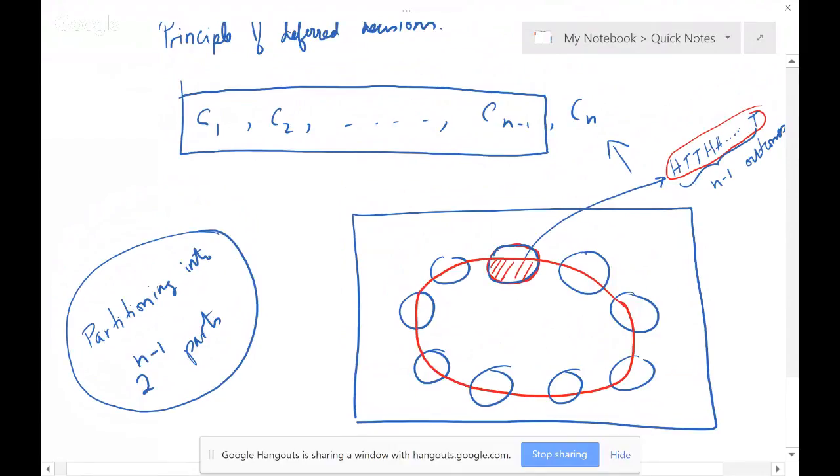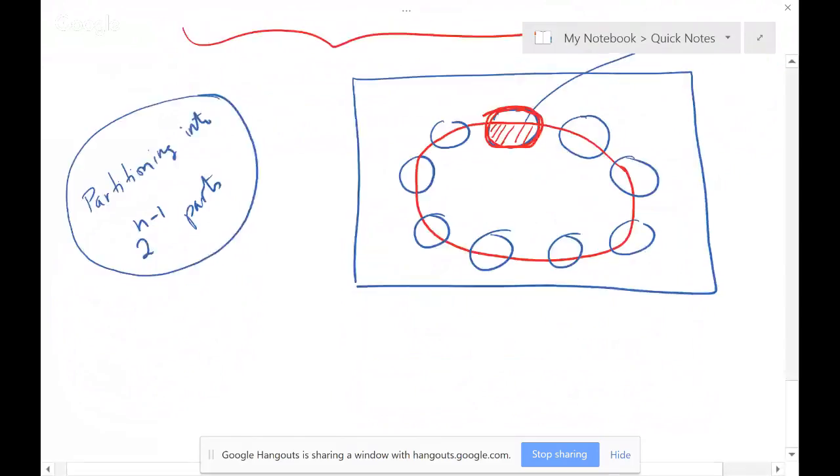But whether the final number of heads is even or odd depends only on the last coin toss outcome. This is the one that we have deferred; the rest we have fixed. That last one is the deciding event that decides whether the final total number of heads is odd or even.